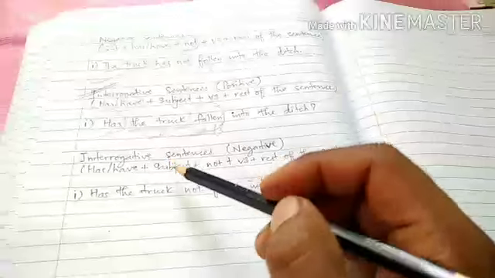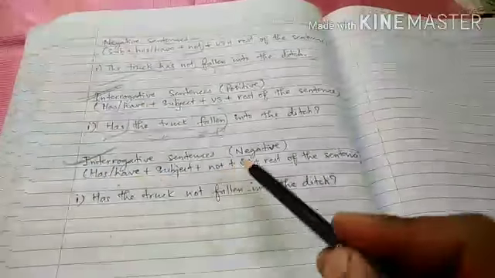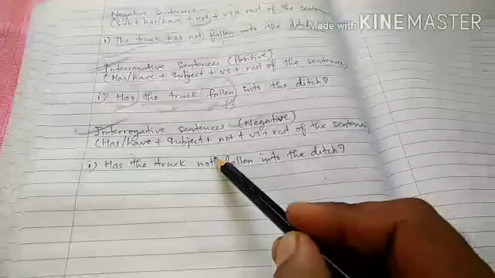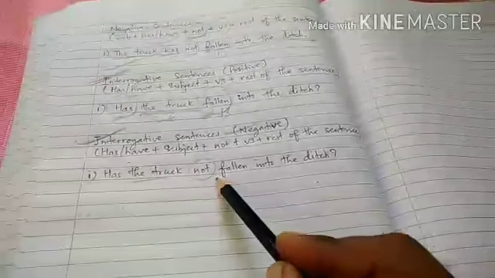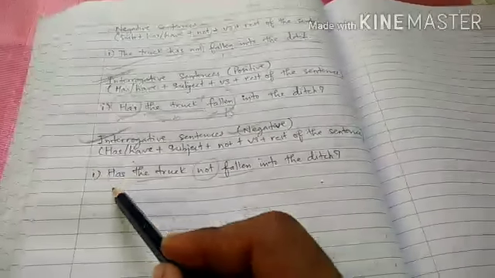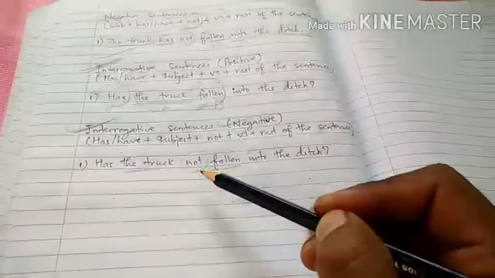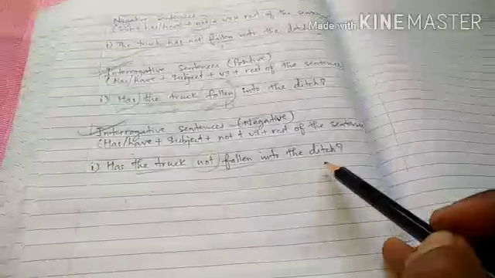Now, I hope you have understood. Now, interrogative sentences but in negative form. Again here we have to put not, but where? In between the subject and the main verb. The structure will be the same, but only we have to put not before the main verb. So, has the truck not fallen into the ditch?